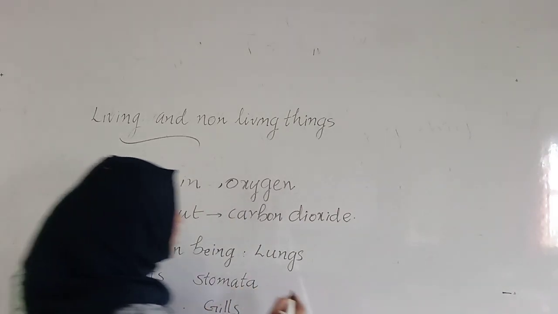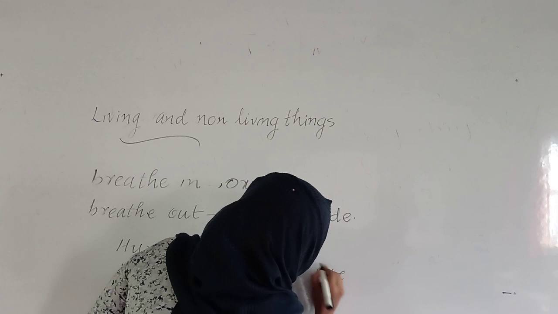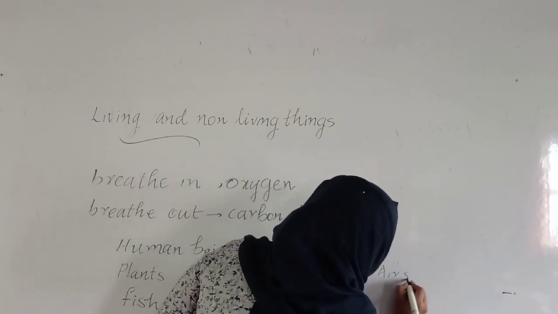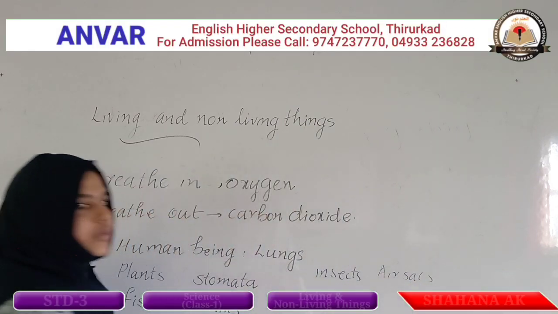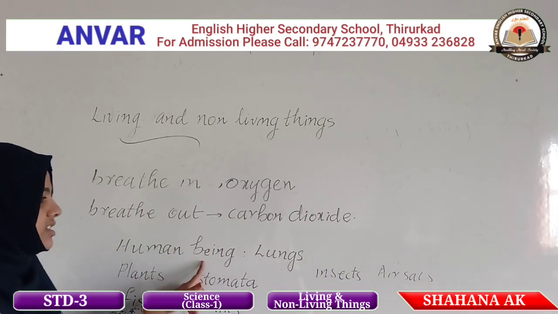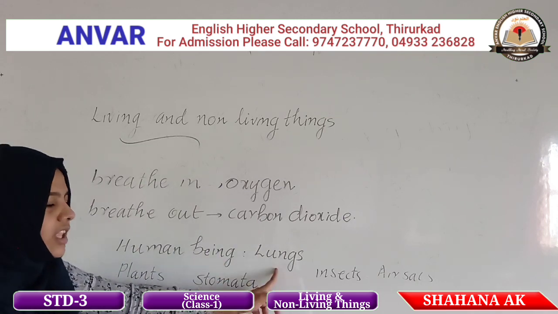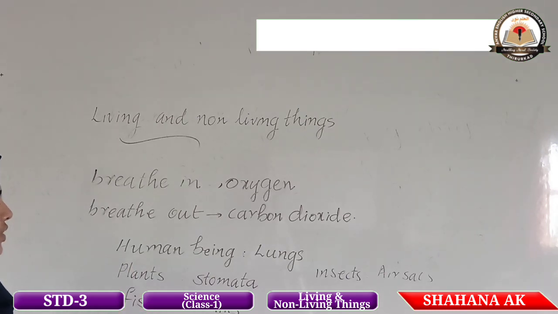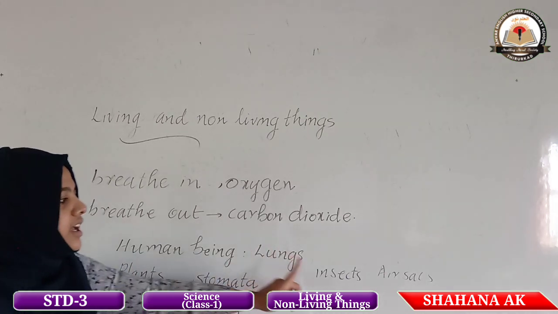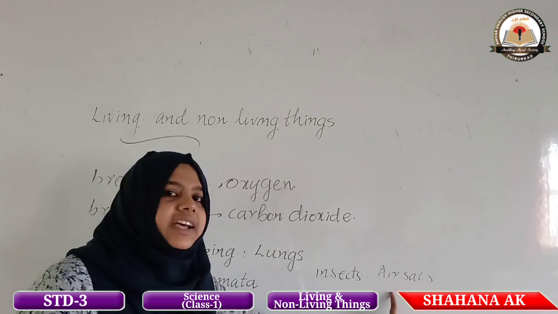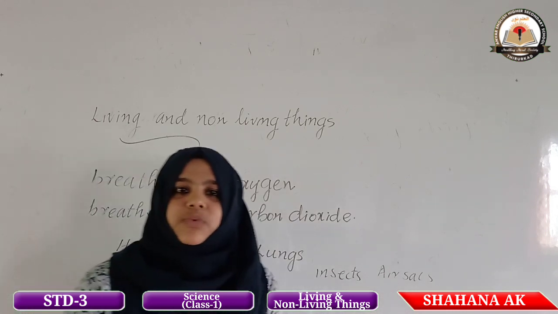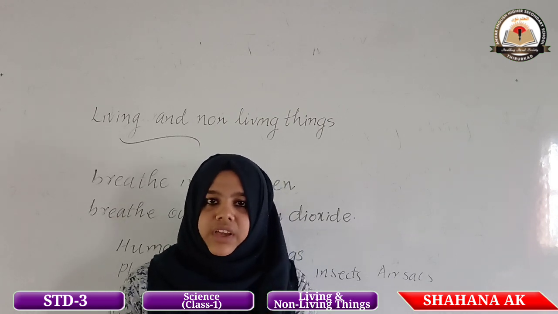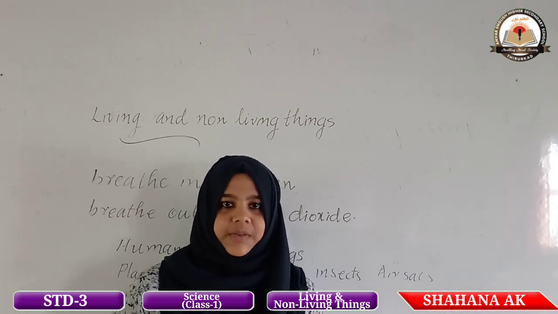And insects are using air sacs. If you listen here, human beings, that means us, are using our lungs, plants are using stomata, fishes are using gills, and insects are using air sacs to breathe. So that's the first speciality. Living things breathe and non-living things do not breathe.